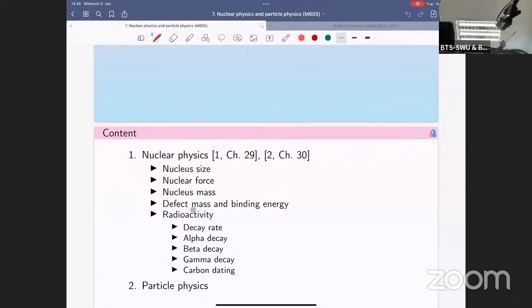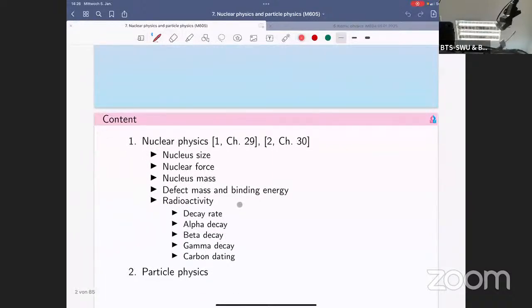The next one is radioactivity. Here is the effect of several isotopes of the atoms, and we have a decay rate, which is the time that the amount of radioactive elements will remain half of the initial amount.